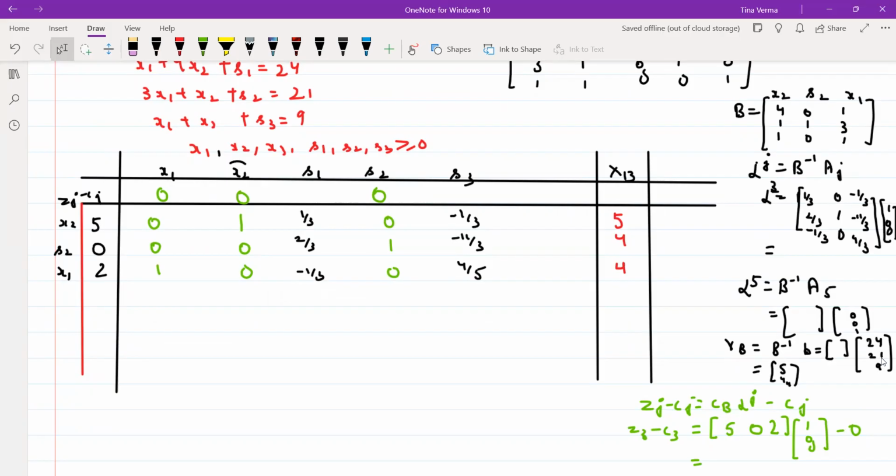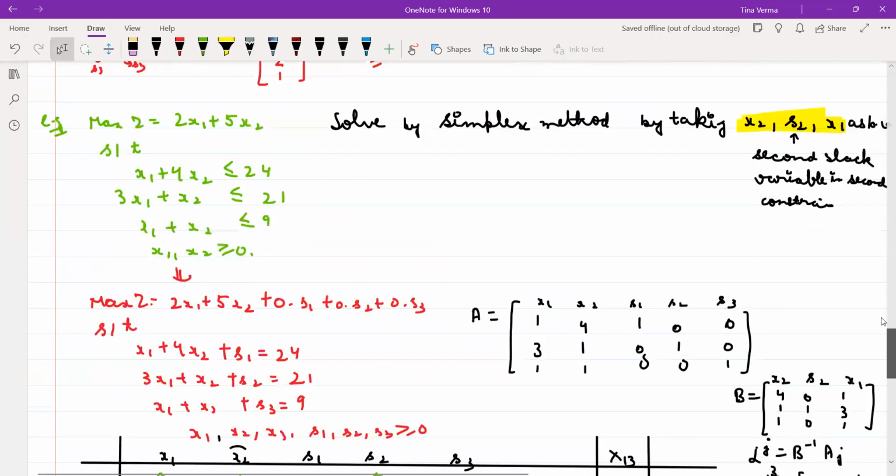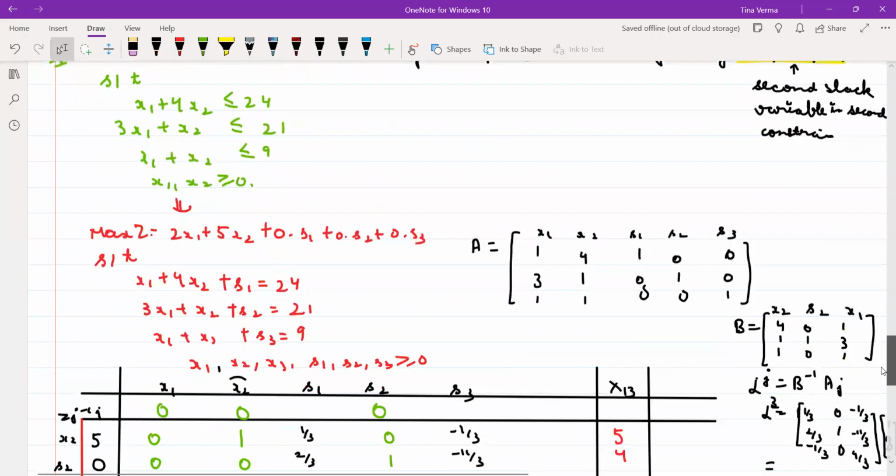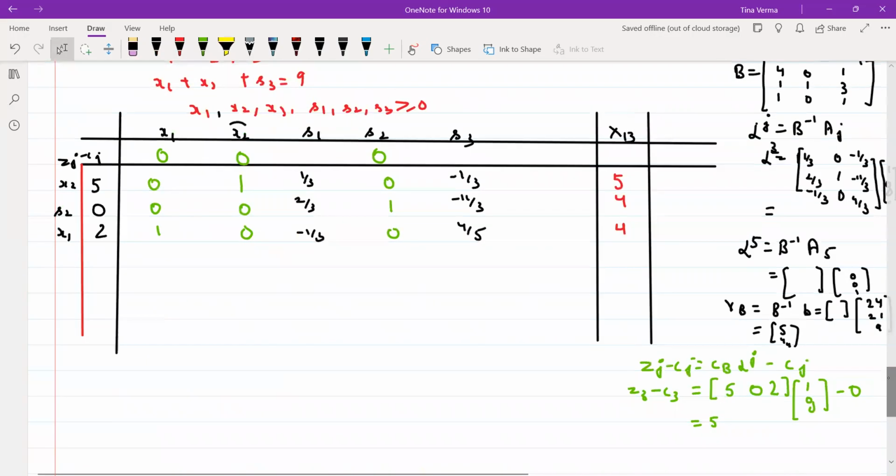That you have Z3 as 1, 0, 0, what answer is coming? 5. It is 1, 0, 0 only, sorry. Alpha j is my 1/3 that I have calculated, 2/3 and minus 1/3. So if you calculate, this answer is coming out to be 1.